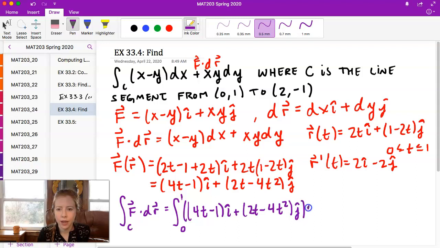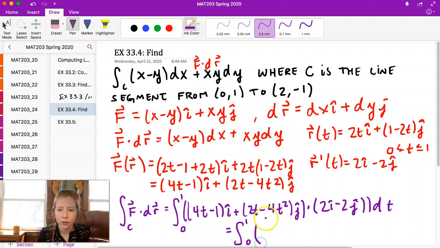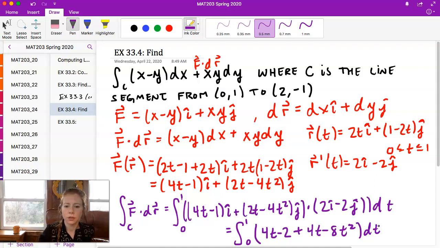And we're going to dot that with 2 i hat minus 2 j hat dt, which is going to give us the integral from 0 to 1 of 4t minus 2 plus 4t minus 8t squared dt.